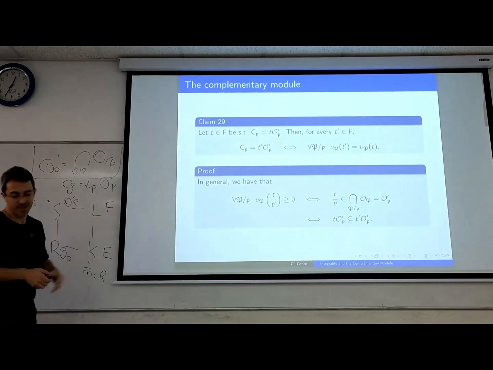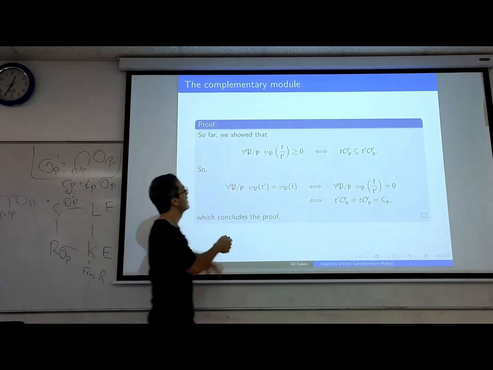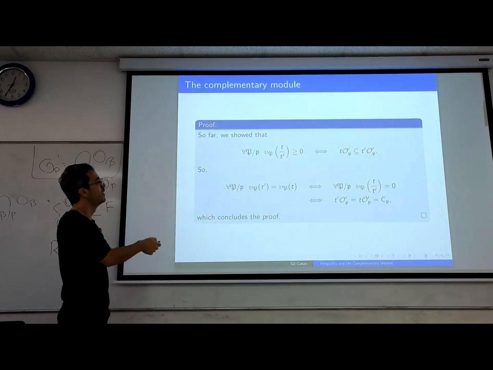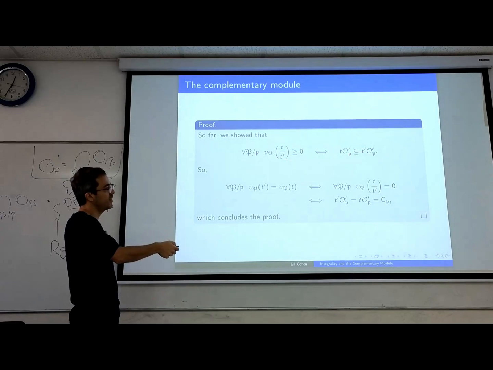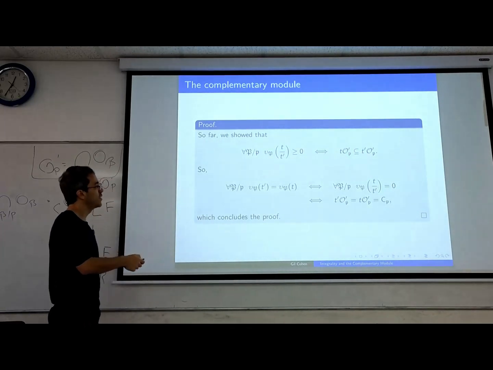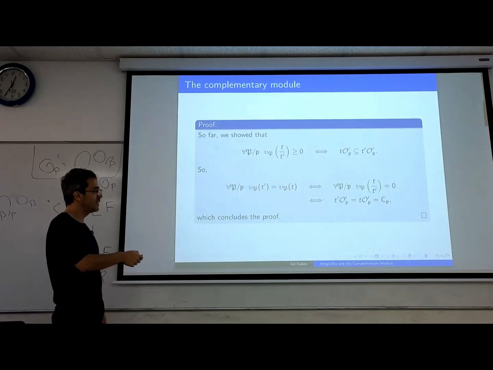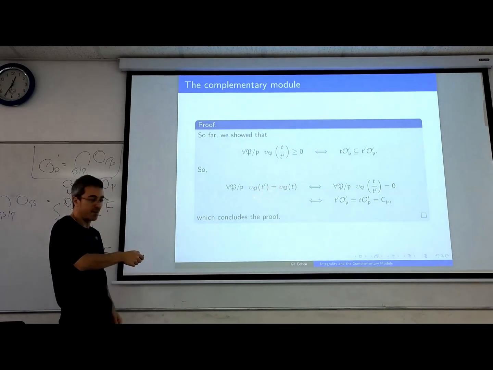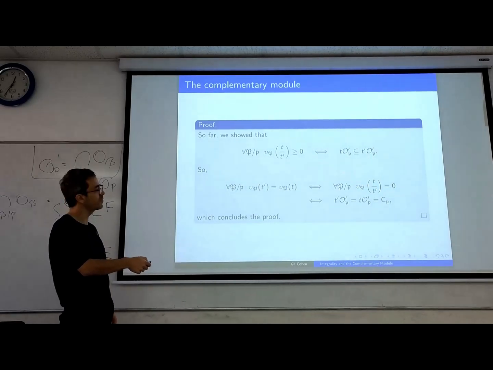So that's true, and I think I copied it here. To say that T over T prime has non-negative valuations above little p is to say this inclusion holds. And to say that T and T prime have the same valuations at every prime divisor above little p, which was in the statement, is of course the same as saying that the valuation of the ratio is 0 at those places.